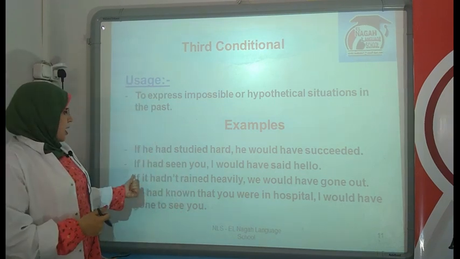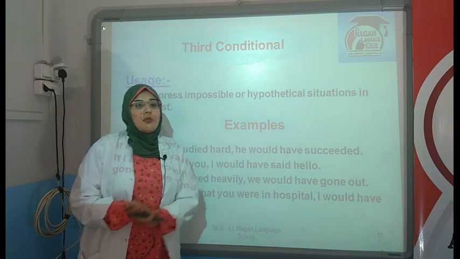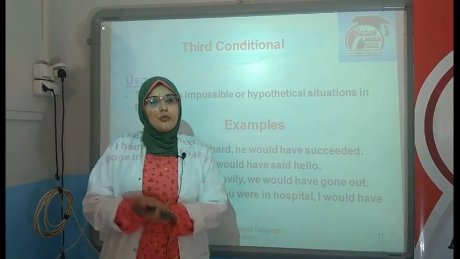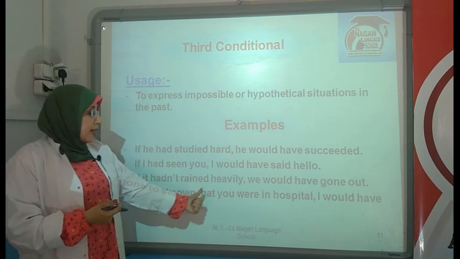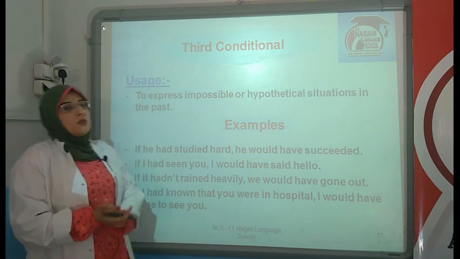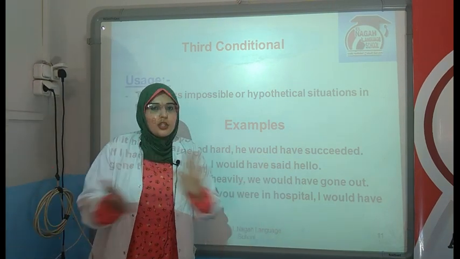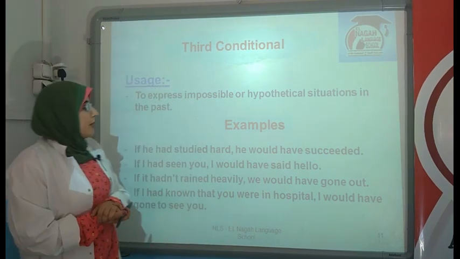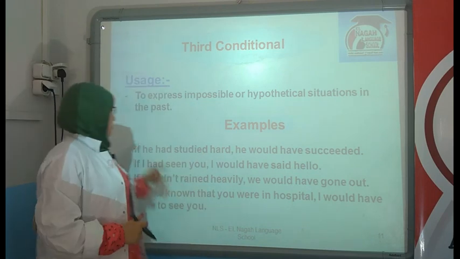If it hadn't rained heavily, we would have gone out. Sure, you know the meaning. If I had known that you were in hospital, I would have gone to see you. I didn't visit you because I didn't know that you were in the hospital. Let's analyze the example to know the rule.